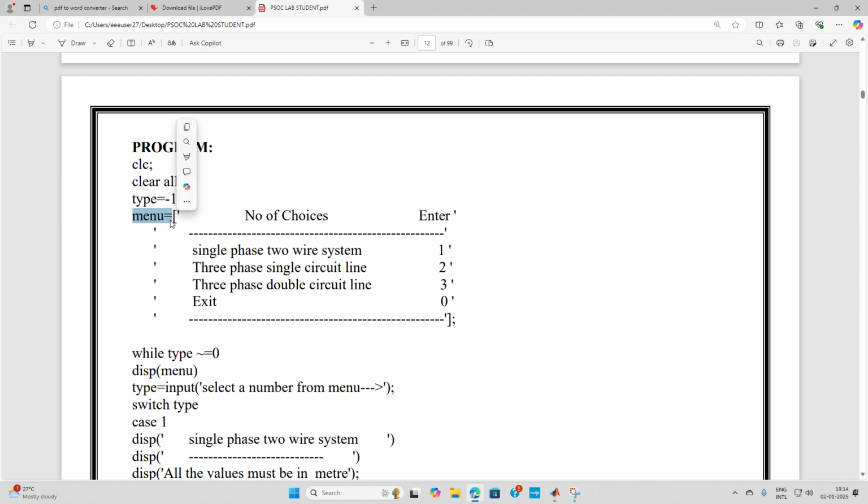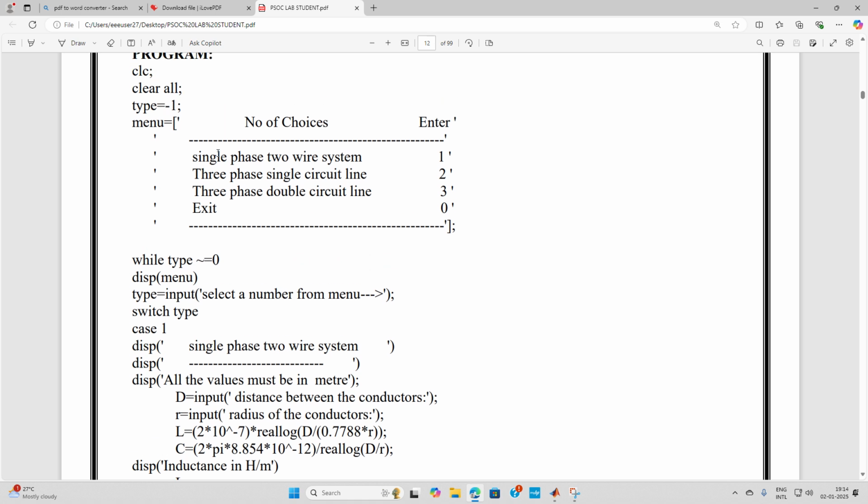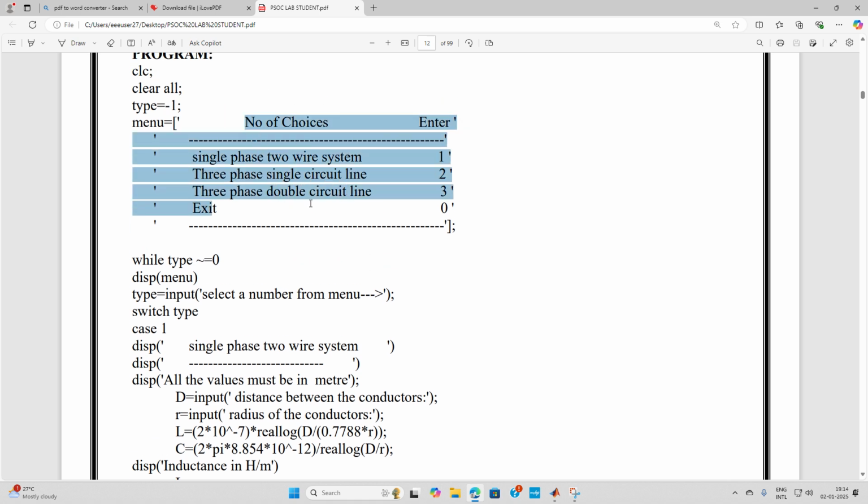After that, a menu containing different options and number of choices: single phase two wire system is number 1, three phase single circuit line is number 2, three phase double circuit line is number 3, and exit is 0. Display menu: the number of choices are single phase two wire system, three phase single circuit, and three phase double circuit. These are the systems we already typed. So select a number from the menu.